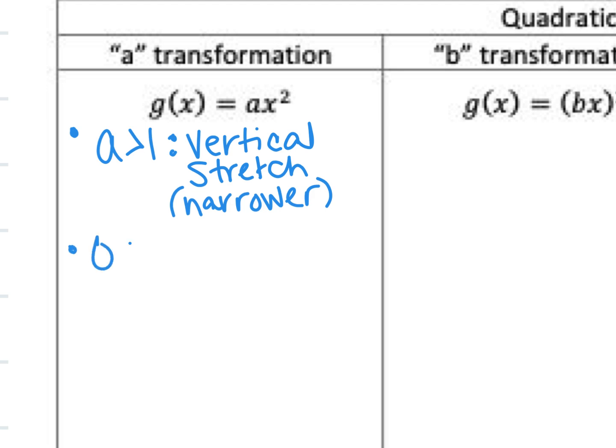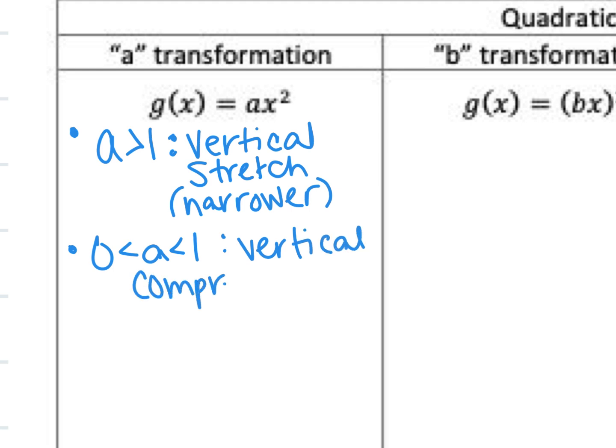But if A is between 0 and 1, again, I'm not going to say a fraction here because fractions can be more than 1. But if it's like 1/2 or 1/3, or a decimal like 0.75, this is going to be a vertical compression. Okay, so again, think about the bench press. You're going up or you're going down.